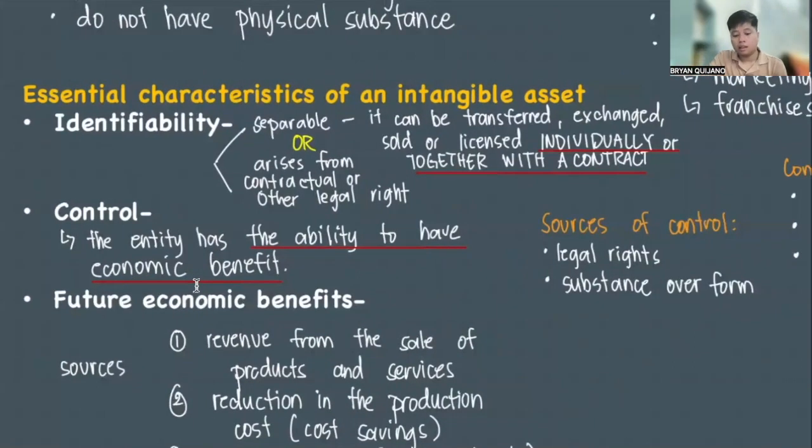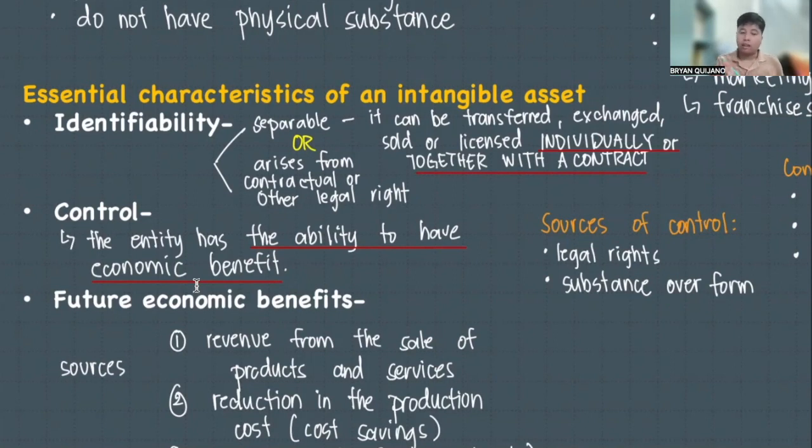When we say that the intangible asset is separable, it has the capacity to be transferred, exchanged, sold, or licensed out individually. You may sell or license out intangible assets collectively or as an individual package.